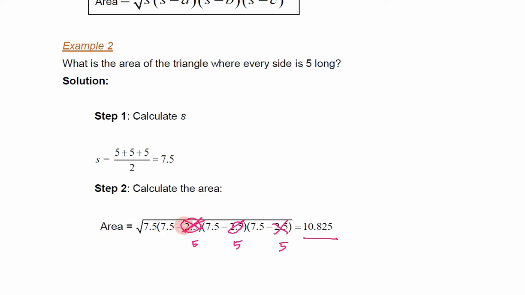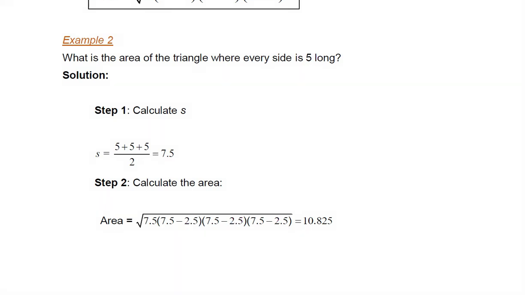But this is not 2.5, because it's 5 long. So 7.5 minus 5, 7.5 minus 5, 7.5 minus 5. Or actually, you can just put it as 7.5 because every side is the same length. Sorry. Anyway, correct. Okay, is it okay? All of you okay or not?